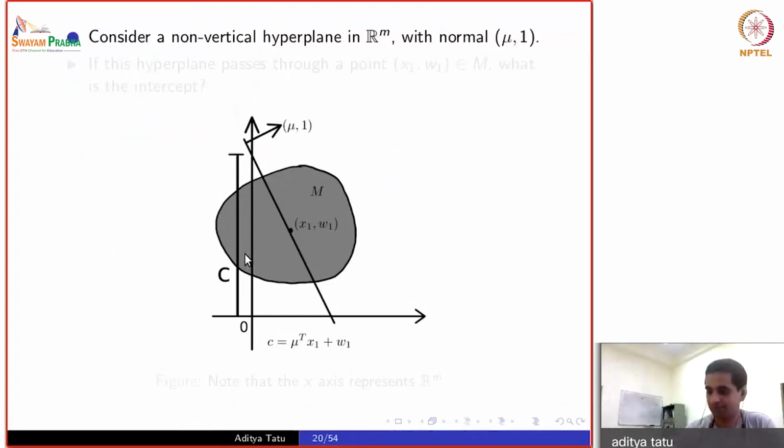This is where it may turn out to be challenging, but let me try. Consider a non-vertical hyperplane. If this hyperplane is confusing you, think of it as a line in R2 by assuming that m is 1. So consider a non-vertical line in R2.